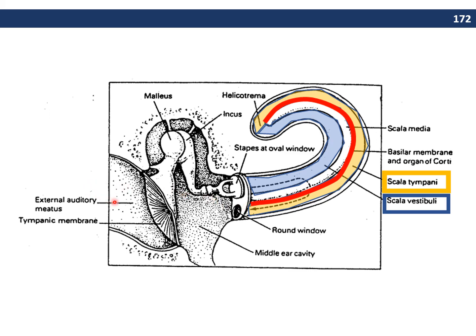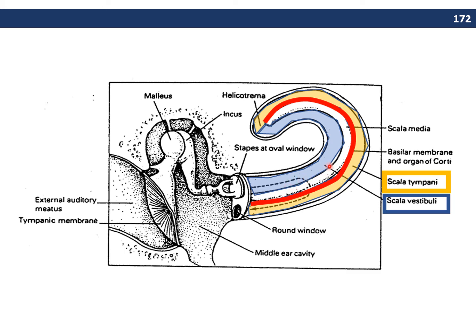So if we hear a sound, often it deflects this tympanic membrane, and the movement of the tympanic membrane moves the malleus, which moves the incus, which then moves the stapes at the oval window. This movement then creates a pressure wave that moves through the cochlea, which deflects these membranes.